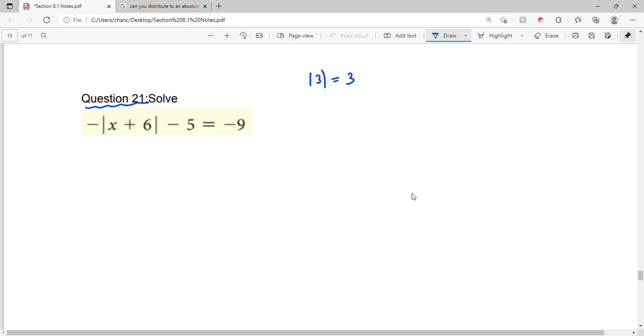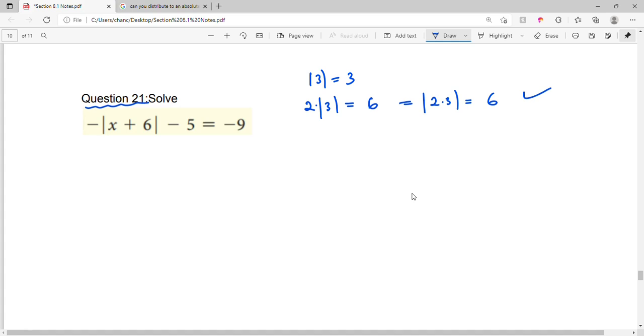If I ask you what's 2 times the absolute value of 3, well, I can take the absolute value of 3, which is 3, and then multiply it by 2, I will get 6. If I distribute the 2 into the absolute value and say, hey, that's equal to the absolute value of 2 times 3, yeah, that's still 6, so it works if it's a positive coefficient.